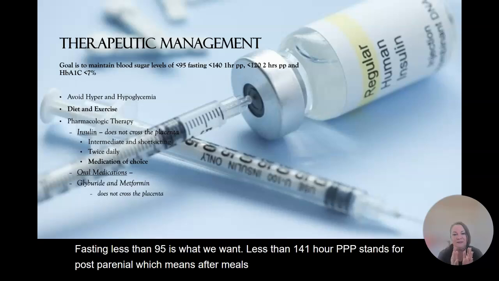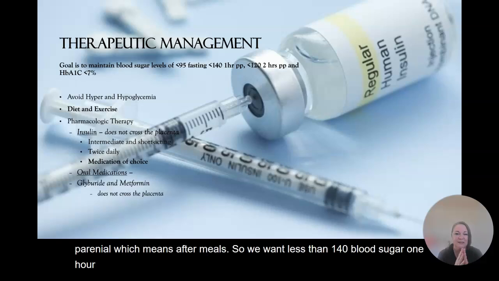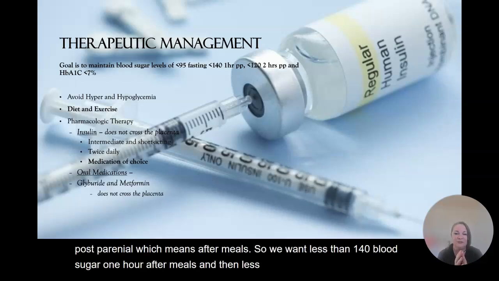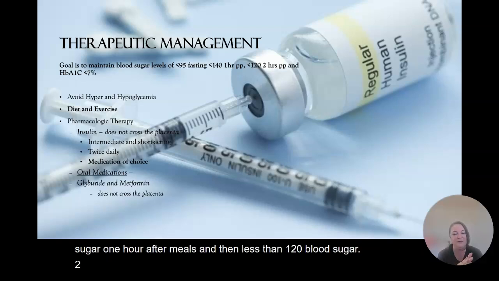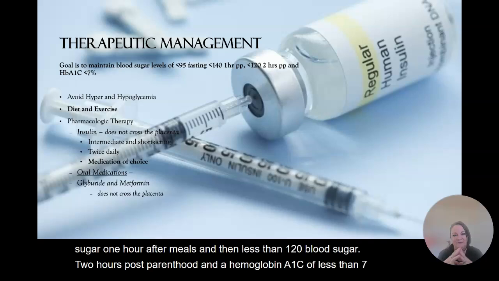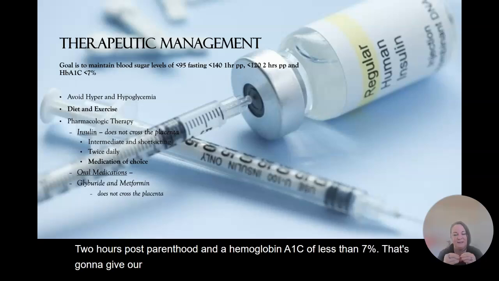So we want less than 140 blood sugar 1 hour after meals, and then less than 120 blood sugar 2 hours postprandial, and a hemoglobin A1C of less than 7%. That's going to give us our best case scenario for our fetus to be born.